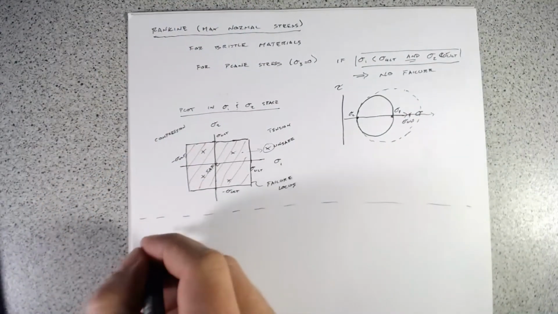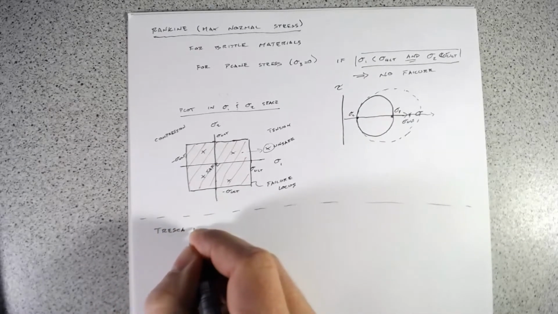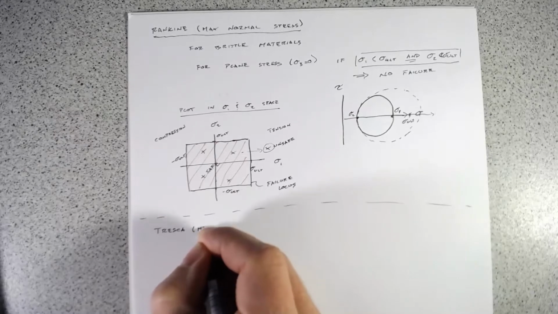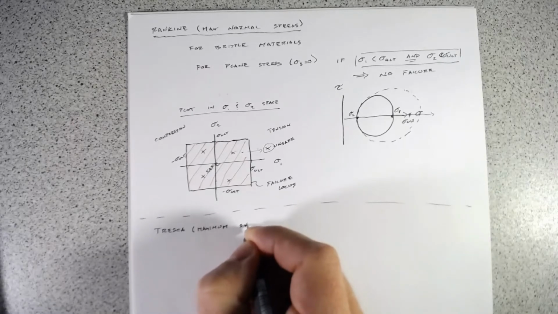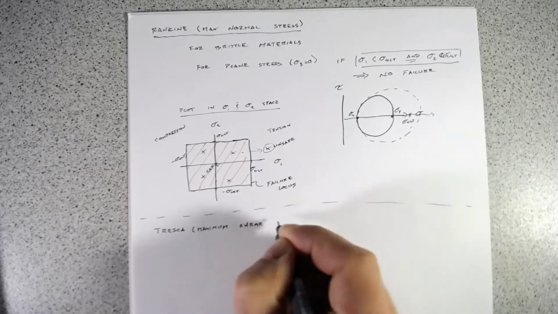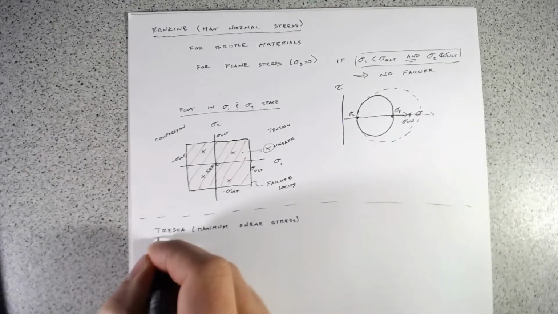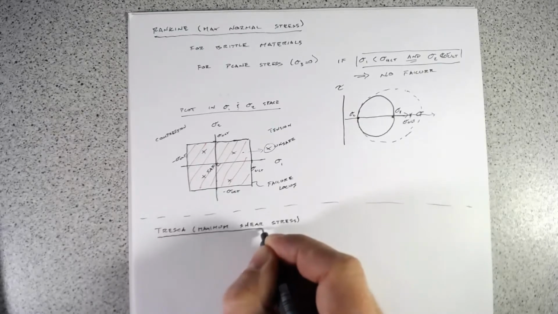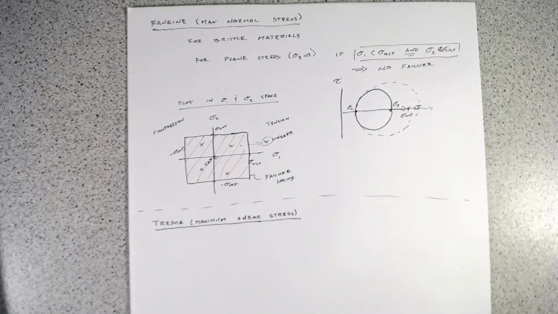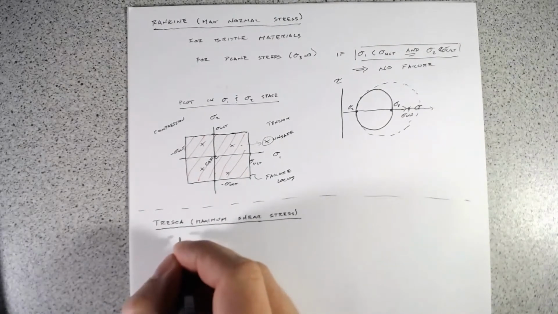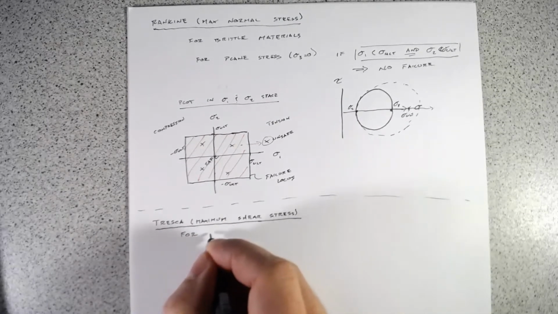For Tresca, this can also be thought of as the maximum shear stress criterion. When we first talked about materials, I said that brittle materials tend to fail in tension along principal axes, and that ductile materials tend to fail in shear.